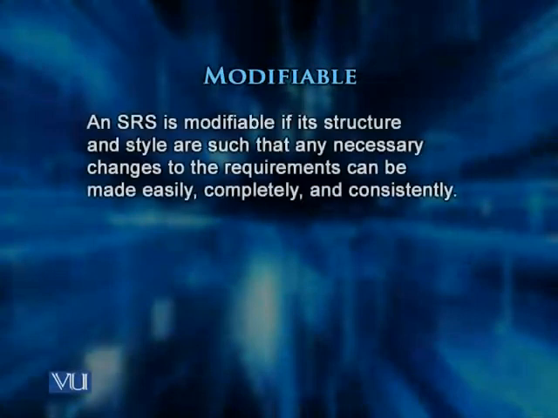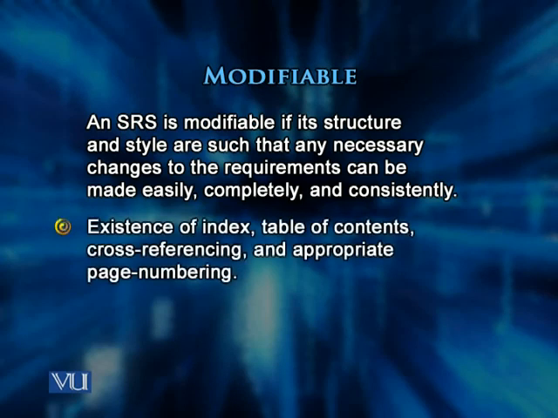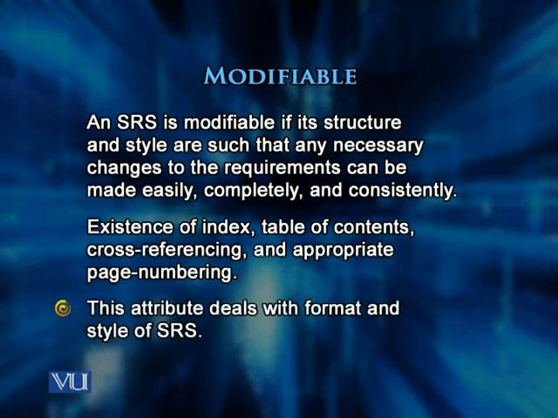The next quality attribute is modifiability. An SRS is modifiable if its structure and style are such that any necessary changes to the requirements can be made easily, completely, and consistently. It must have indices, a table of contents, cross-referencing, and appropriate page numbering. This attribute deals with the format and style of the SRS.